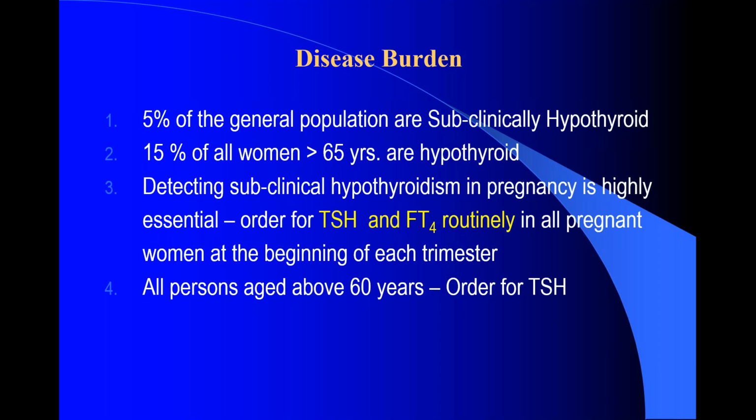because thyroid hormone is very important in development, child development, in pregnancy also. So it is a mandatory test in pregnancy. You have to get TSH and free T4 routinely in all pregnant women at the beginning of each trimester, and correct the altered level of thyroid, as it is essential for development of the fetus.